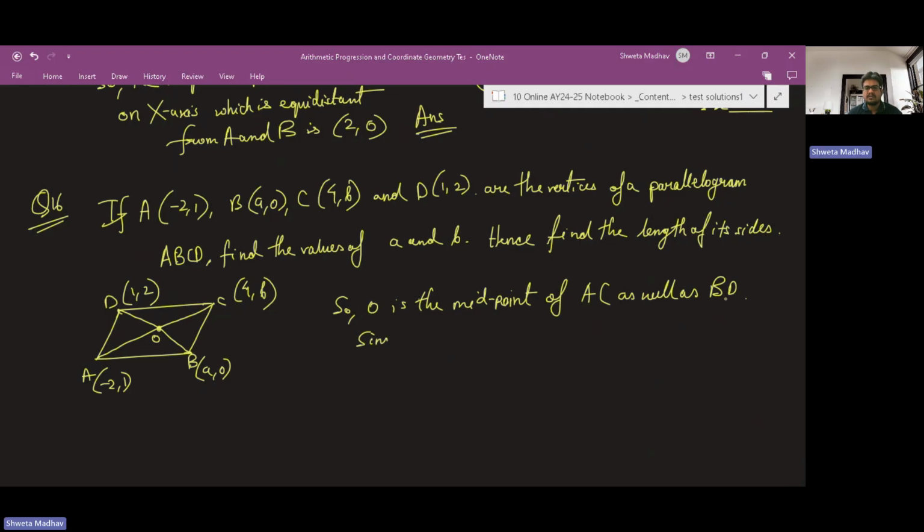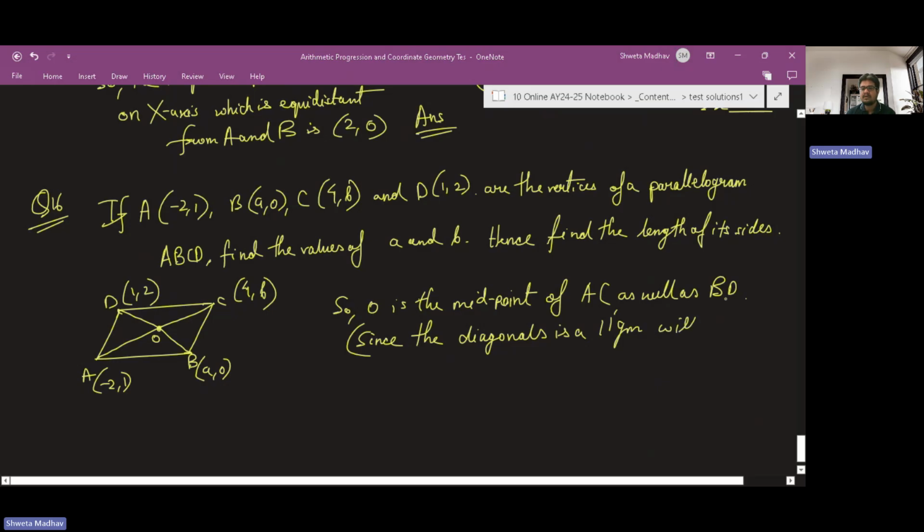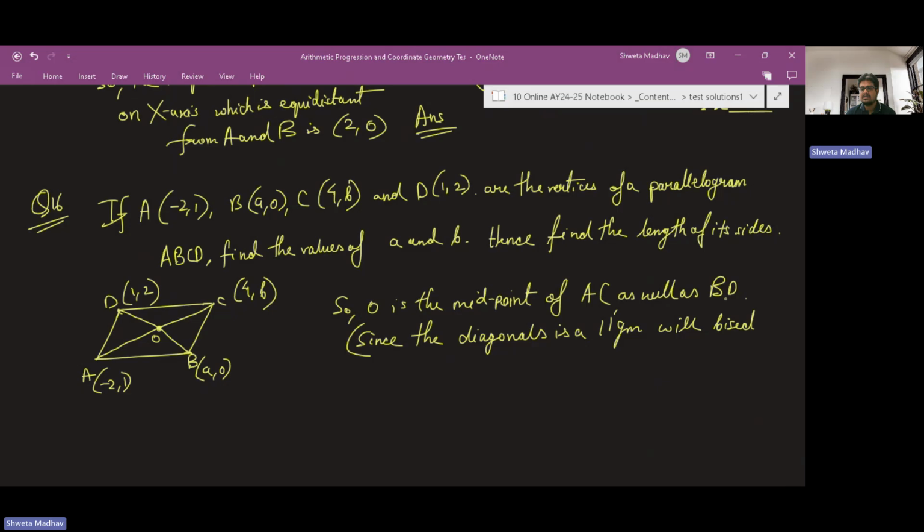The reason is that the diagonals in a parallelogram will always bisect each other.